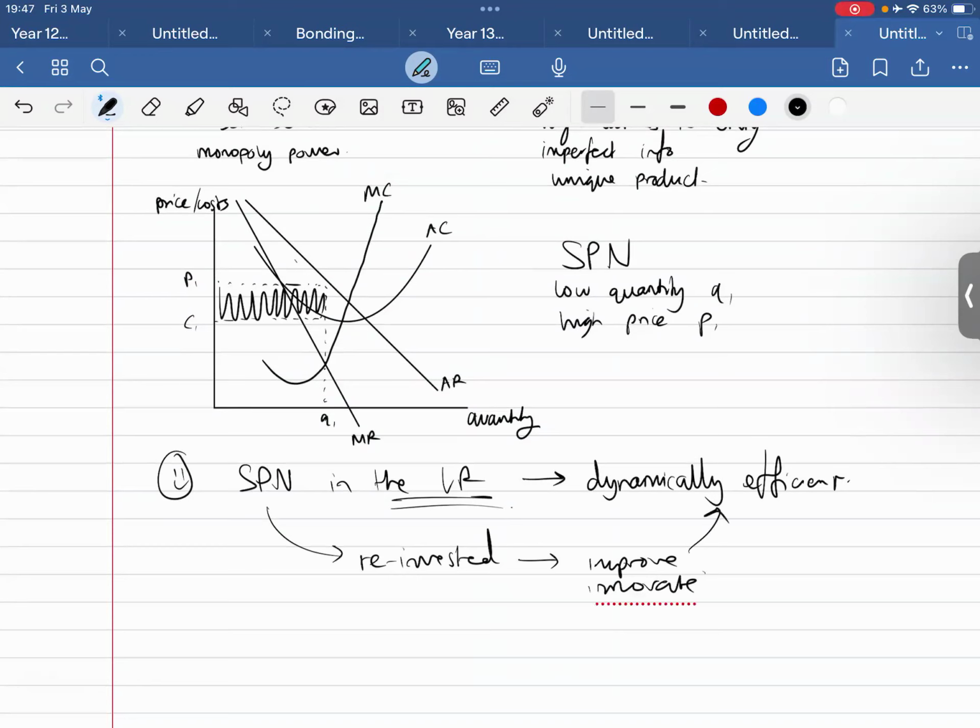I know that some people used to define dynamic efficiency as an improvement in productive efficiency over time, but in general, it's just about the improvement and innovation of products. And then if the question's asking about consumers, which it usually might, just mention that this is beneficial for consumers in the long run.